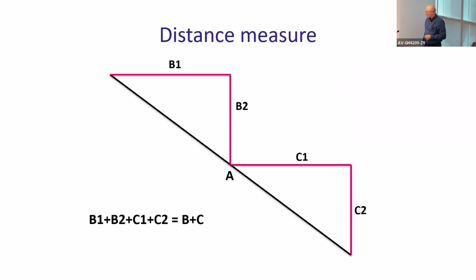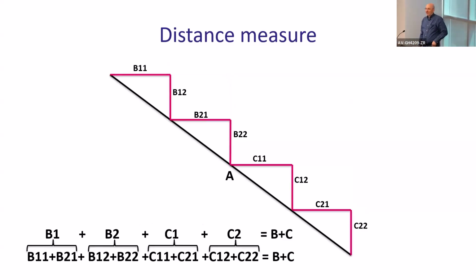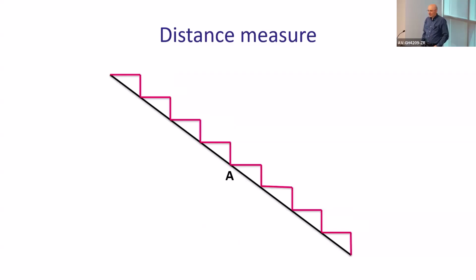Okay, so you can draw it that way, which means B1 plus B2 plus C1 plus C2 was exactly as B plus C. Exactly, right? Correct so far? No issues, okay. I'm repeating the same process again. The sum of all of these red lines was exactly as the sum of the previous red lines, which is B plus C. I can do that many times, as many as you want.